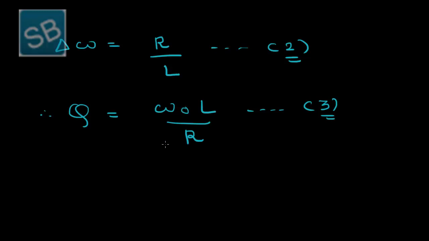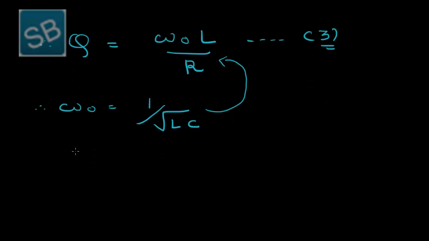Now we have the value of omega 0, the resonant angular frequency, as 1 over under root L into C. So now substitute the result of omega 0 in equation number 3. We will get Q is equal to L over R under root LC.